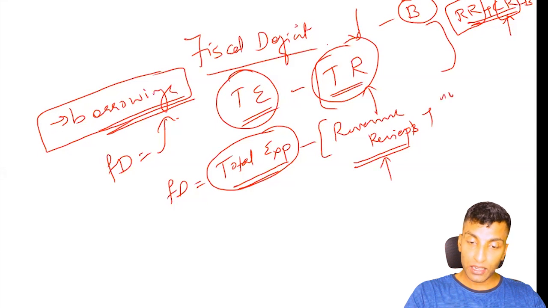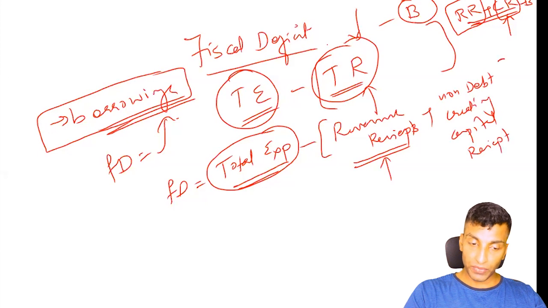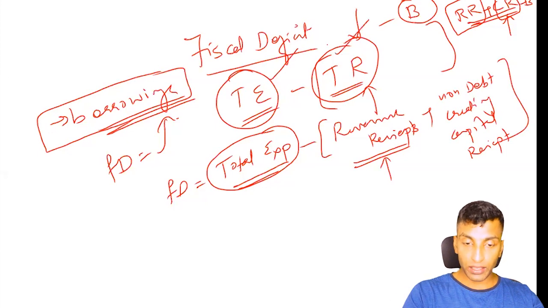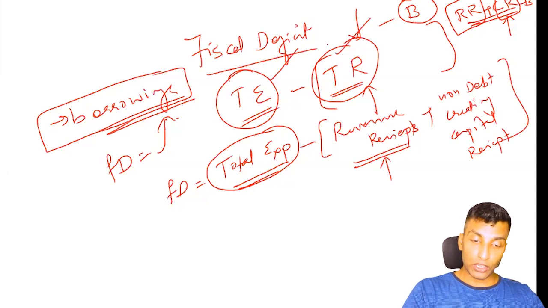So just write here non-debt creating capital receipt. Do you understand what I mean by this? In simple terms, fiscal deficit means total expenditure minus total receipts excluding the borrowing part, right? So total expenditure, exactly that I've written.